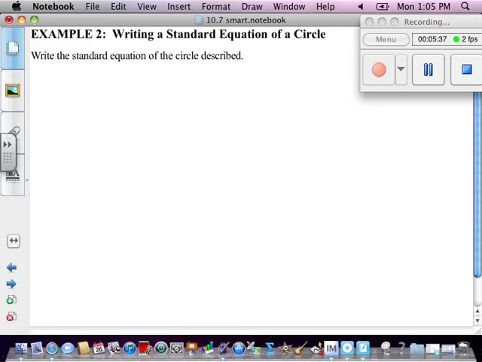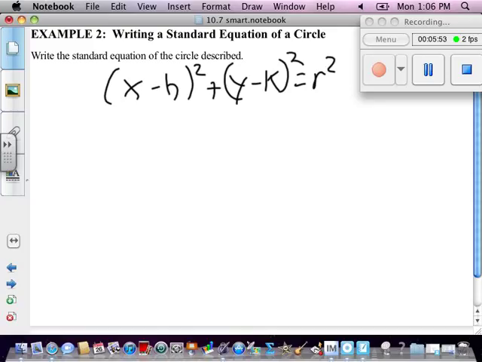So if we're looking at example 2, it gives us the center and a radius, and we've got to put it in this form: x minus h squared plus y minus k squared equals radius squared. For example 2, the center is 4, -1, and the radius is 6.